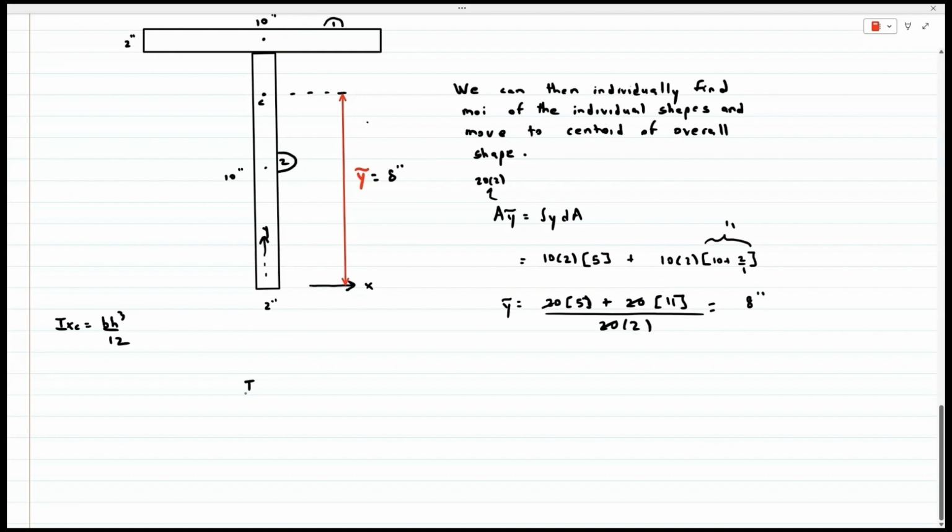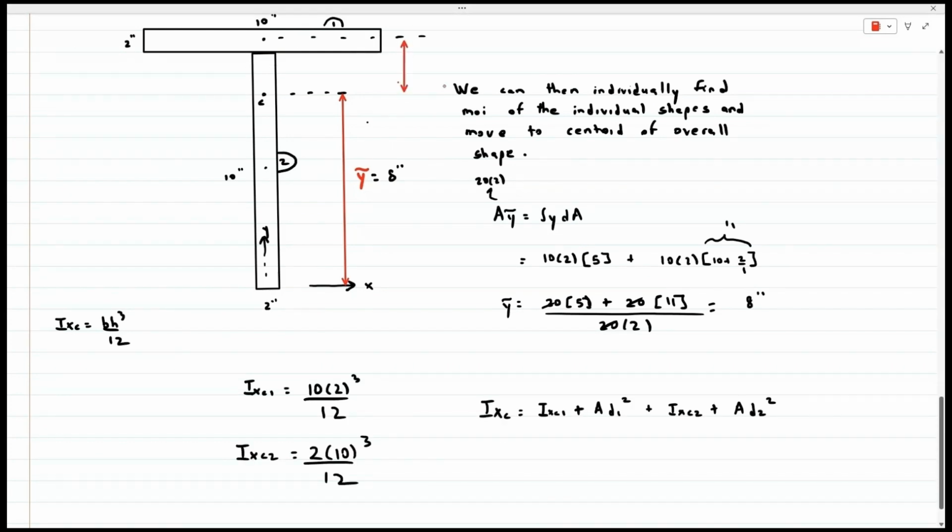The first and the second shape have their own centroid. So let's look at the distance d between these parallel axes and the axis of the overall shape. D1 is shown here and D2 is shown here. They're both 3 inches.